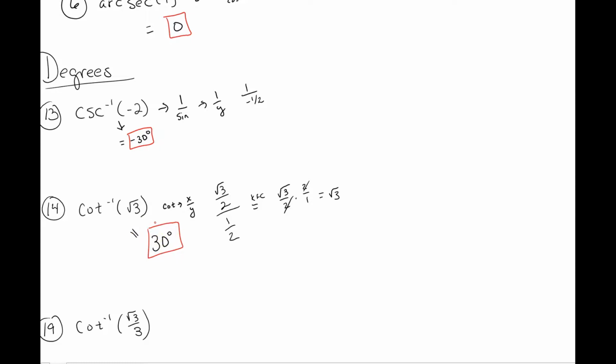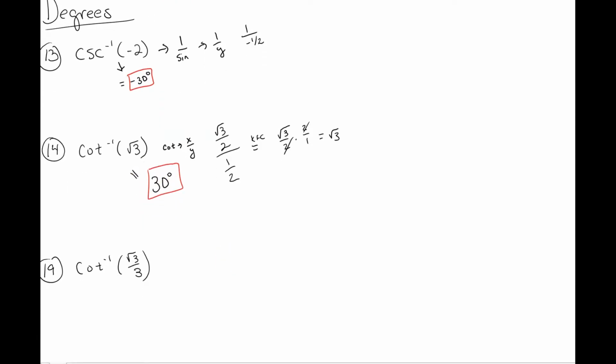All right. Now, number 19, very, very similar. We end up with a square root of 3 over 3. So this one right here is going to reverse the roles of that x and y, if you will. Not so much reverse them in terms of flipping x and y, so much as the order of the ordered pair changes.